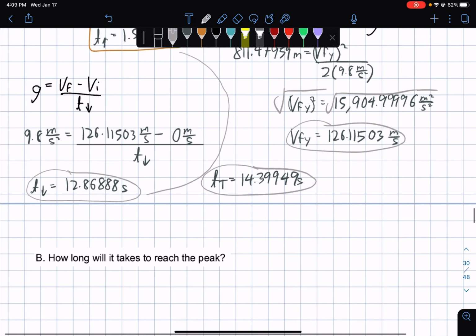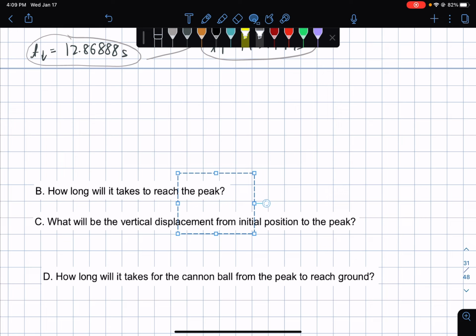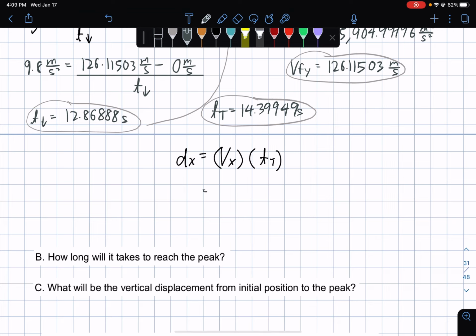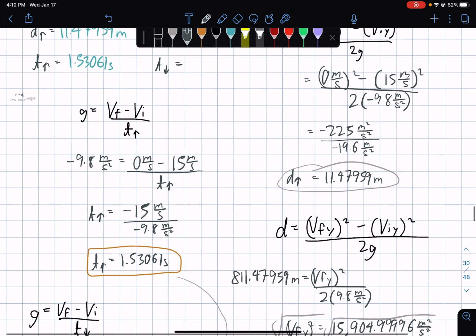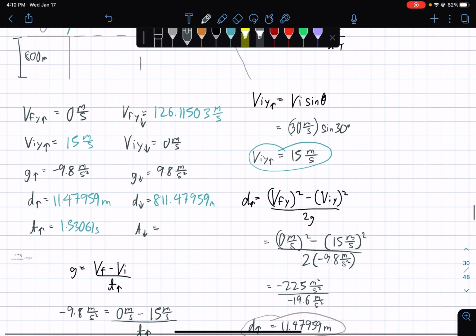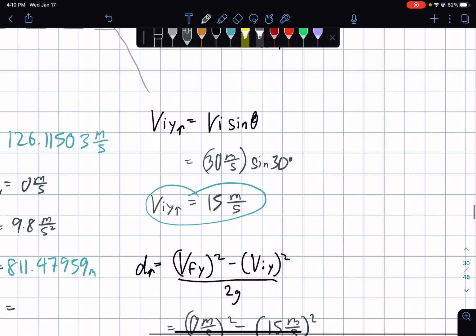I'll just rewrite the formula for dx, the total horizontal displacement. So Vx is what? We haven't found it yet. Vix is equal to Vi cosine theta.